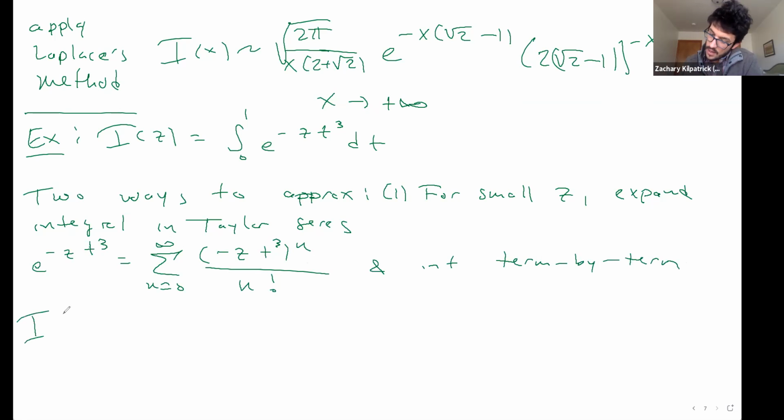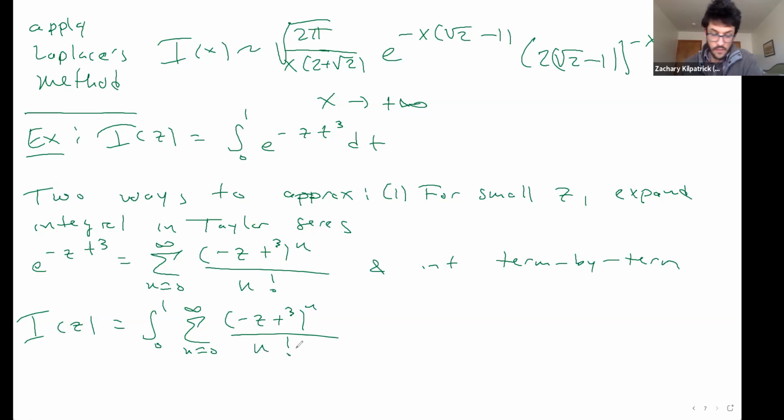And then you'd have that I of z is equal to the integral from 0 to 1, a sum from n equals 0 up to infinity minus z t cubed to the n over n factorial dt equals the sum from n equals 0 up to infinity minus z to the n over n factorial, and then from the integration we have over 3n plus 1.